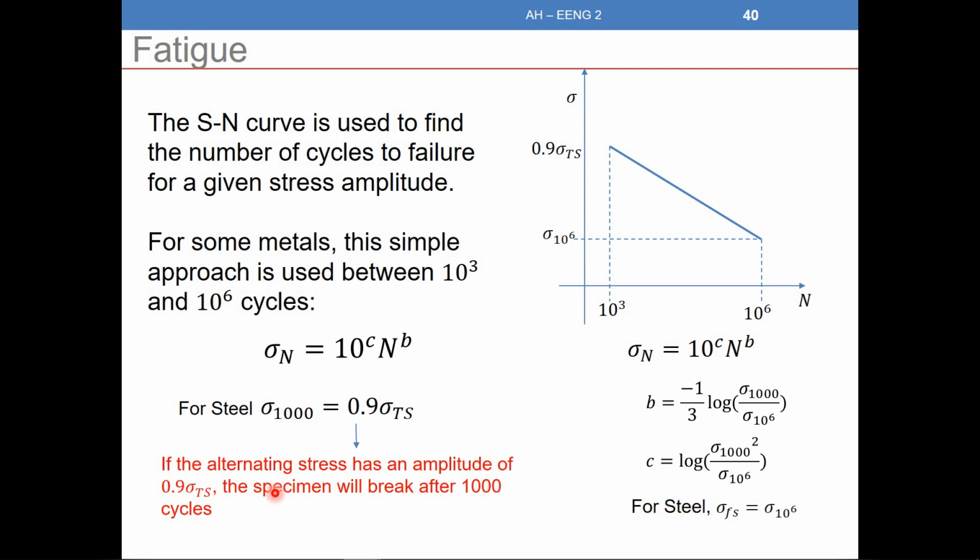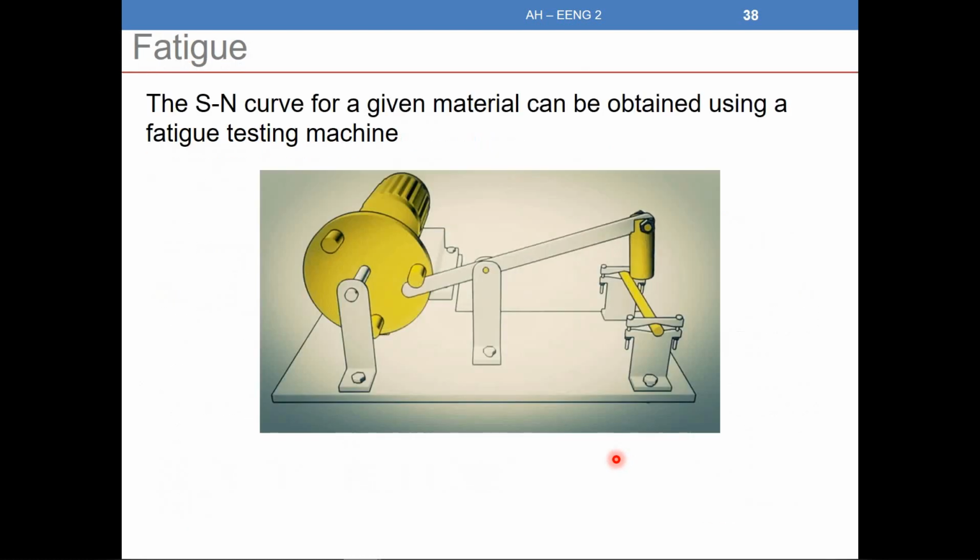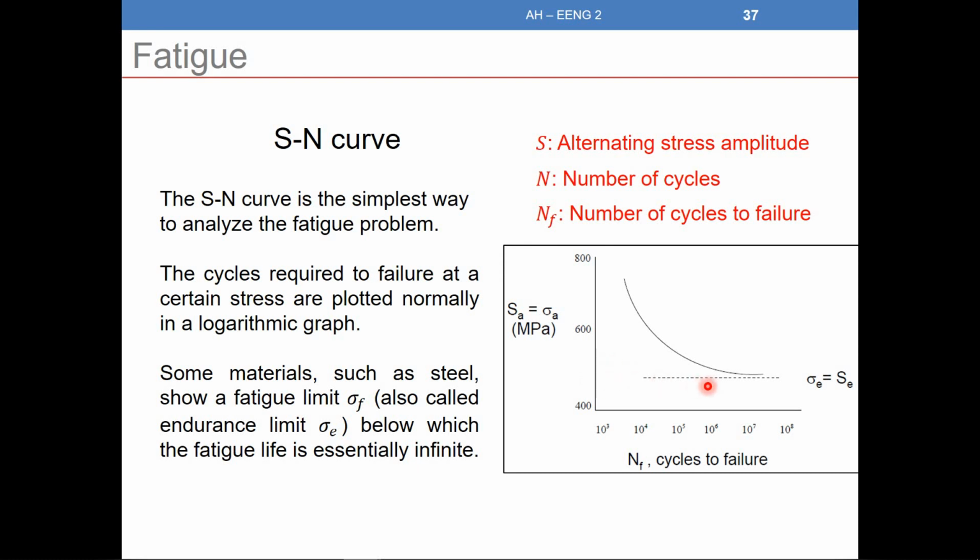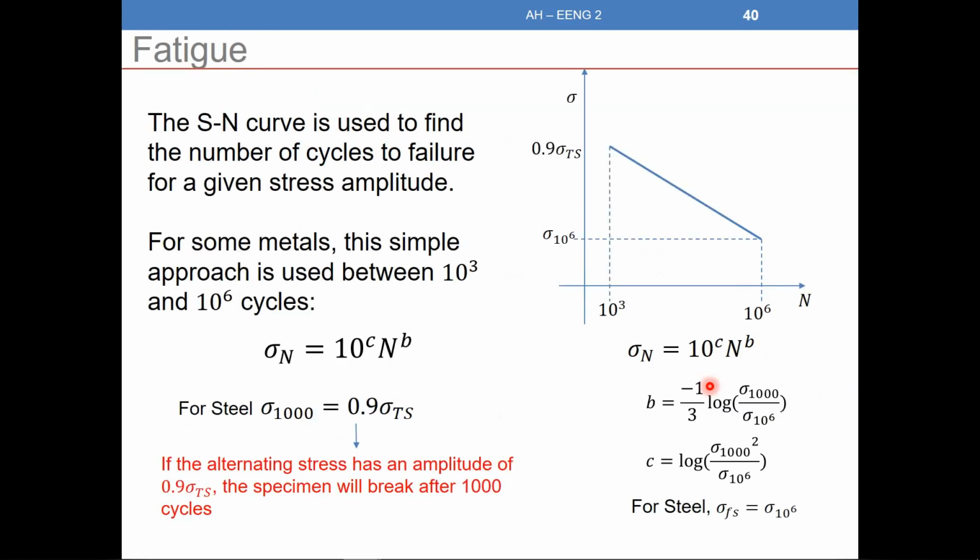Also for steel, now for materials, sigma 10 power 6 is a given property. Sigma 1000 is a given property for any material. But only for steel, we can say that sigma fs, the fatigue limit that we defined previously, is equal to sigma 10 power 6.